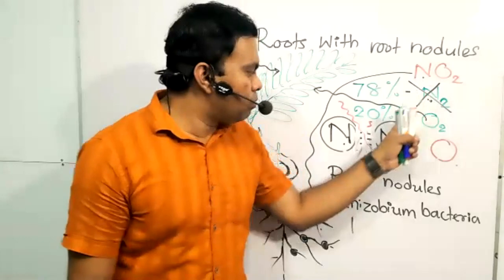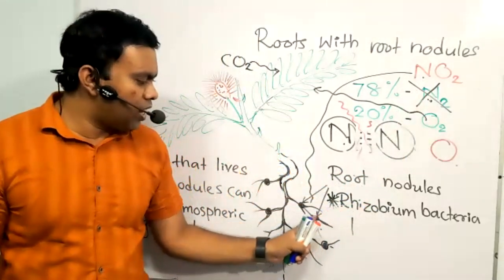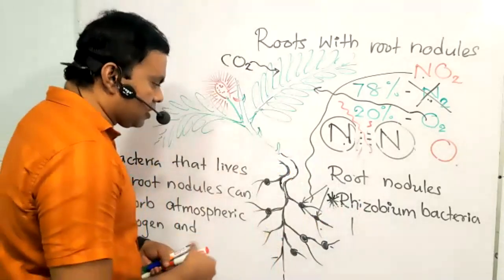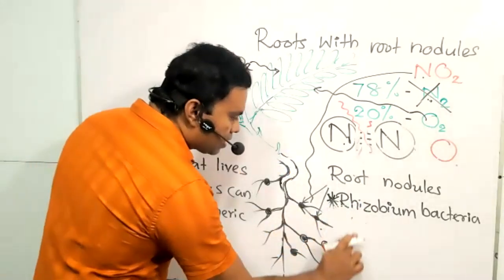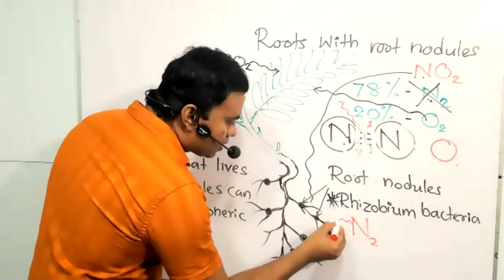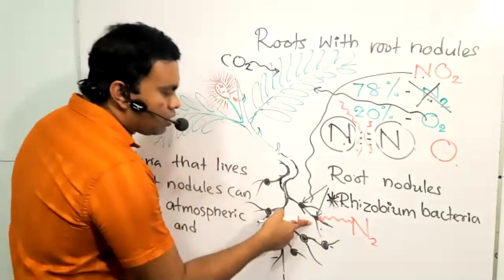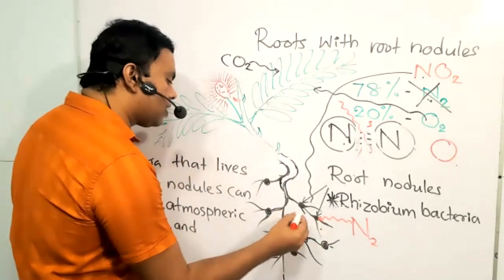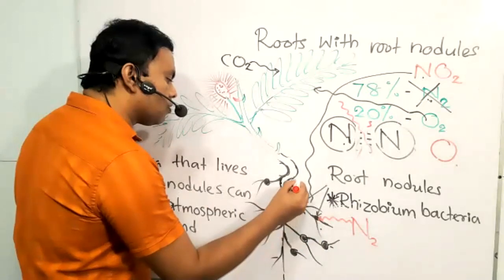I can absorb nitrogen and I'll give it to you. By absorbing this atmospheric nitrogen, it is absorbed by the root nodules and converted into nitrates, then it goes to the plant.